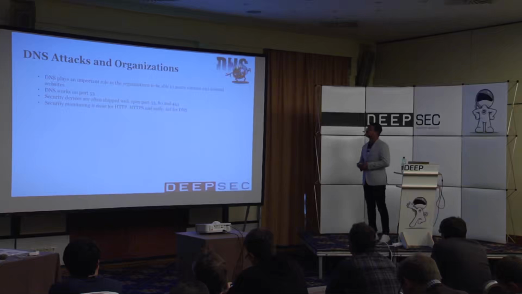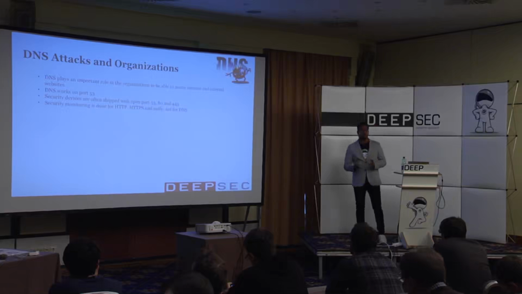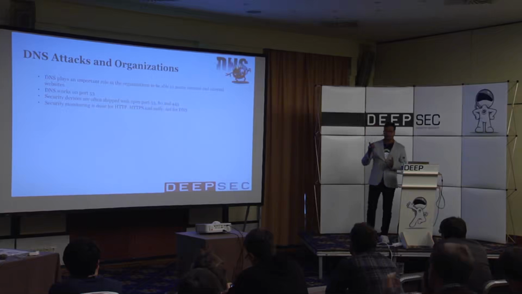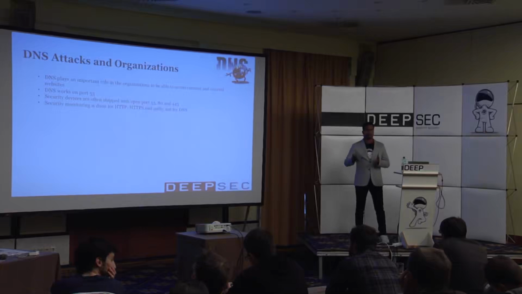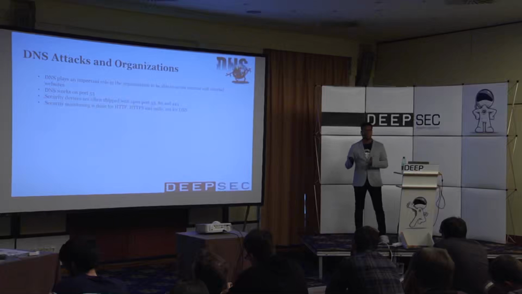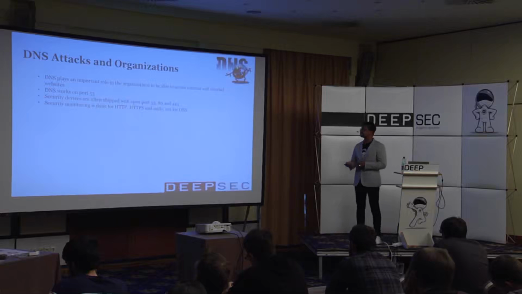DNS attacks and organizations. DNS plays an important role in an organization's posture, because for accessing internal or external websites, one needs to have port 53 configured so that communication between the internal network and the websites can take place.